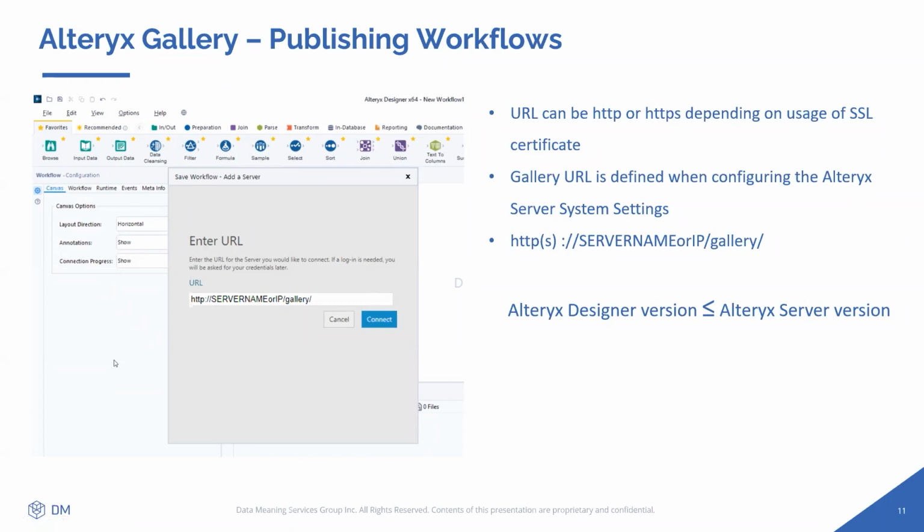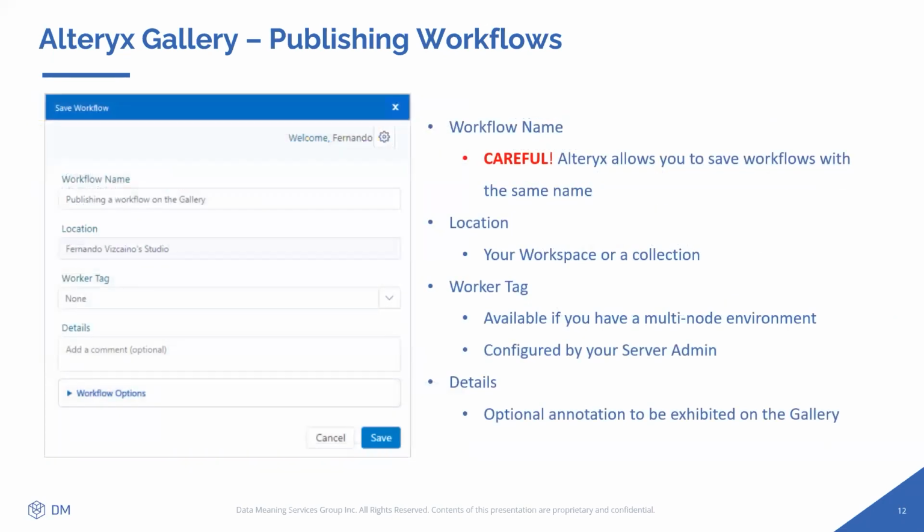But okay, so after connecting, you will see the save workflow page, right? So from here, you have many options actually, but let's talk about the basic stuff first. So the first one there is the workflow name. So as you can see here, publishing a workflow on the gallery, that's the name of my workflow, but you gotta be careful here. So Alteryx allows you to save workflows with the same name.